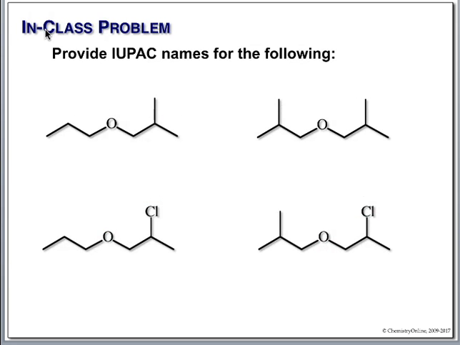Let's go ahead and look at some examples and see if we can figure out how to name them the hard way. For our first compound here, we have a 3-carbon main chain on both sides, but this has a methyl group sticking up, and that gives it the priority because it has the most carbons.